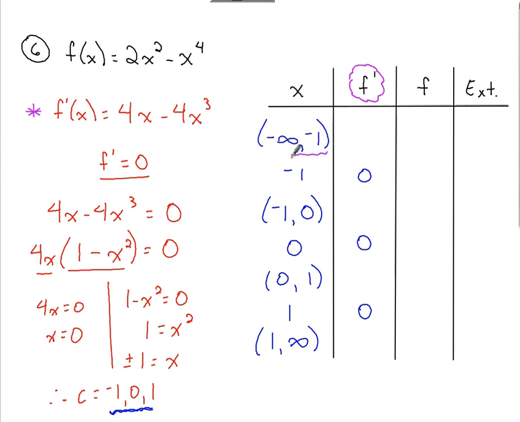If I take a number on this interval, negative infinity to negative 1, something less than negative 1, so say I take negative 2, and plug that into the derivative, what kind of value do I get back? Is it positive? Is it negative? That's what we're looking to see here.